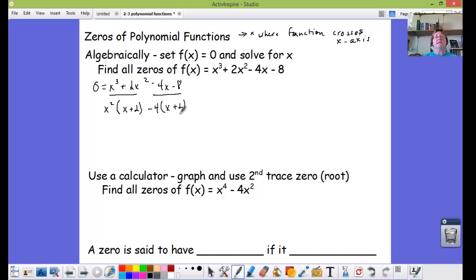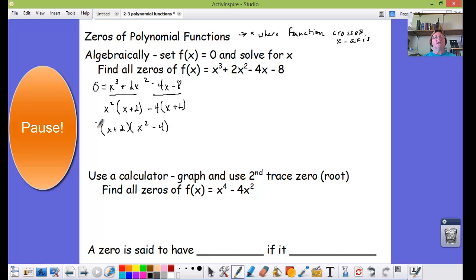That means the greatest common factor from here is x plus 2. If we divide x plus 2 out of this one, we're left with an x squared. If we divide x plus 2 out of this one, we're left with a minus 4. And folks, I'm here to tell you that this factors, x squared minus 4 factors.